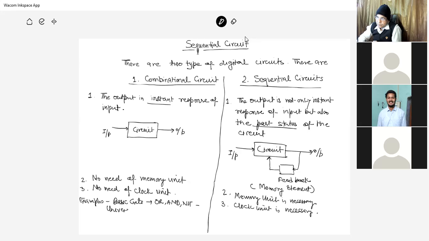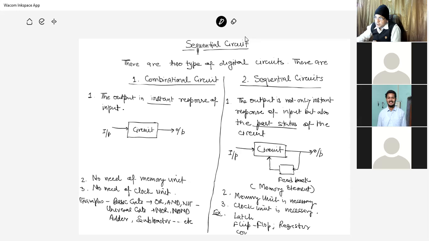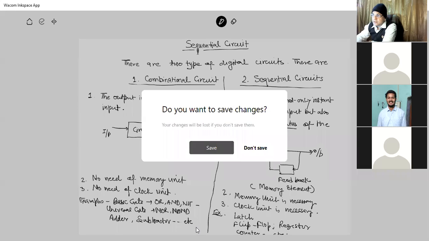Universal gates like NOR, NAND, and adder, subtractor, etc. Here, in the case of examples, we can consider latch, flip-flop, register, counter, etc. These are the examples of the two classes of circuits.